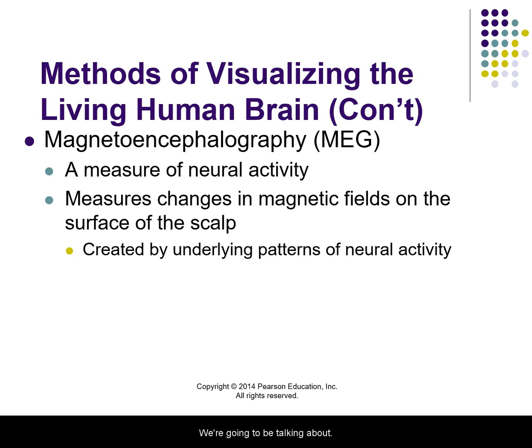And we're going to be talking about other techniques such as this also when we go into the EEG, which I believe is next. Yeah, the author doesn't go into MEGs very much. Produced by changes in underlying patterns of neural activity, and he leaves it at that.